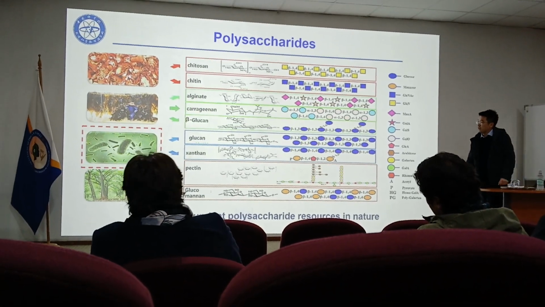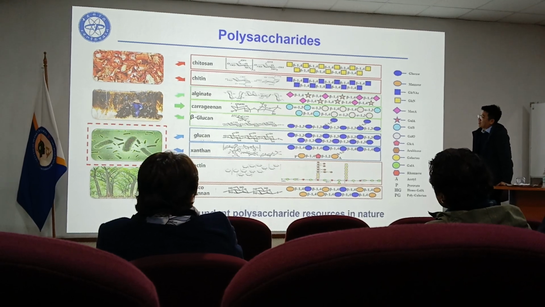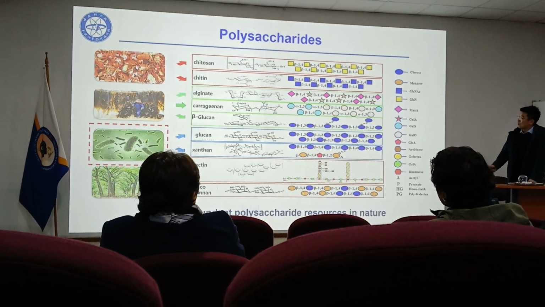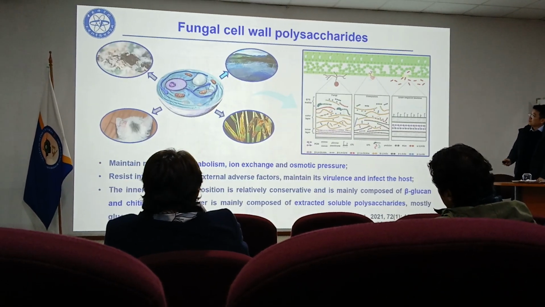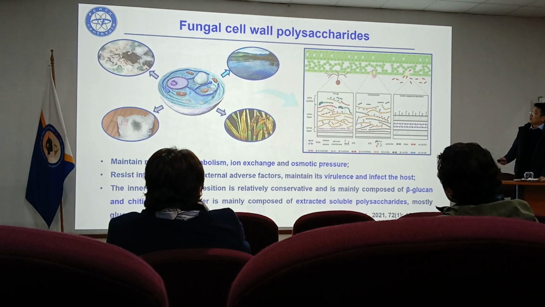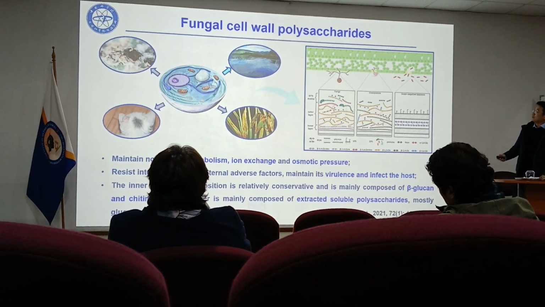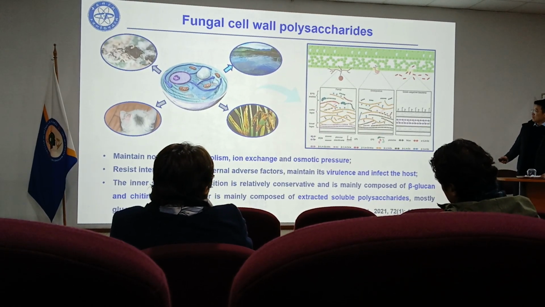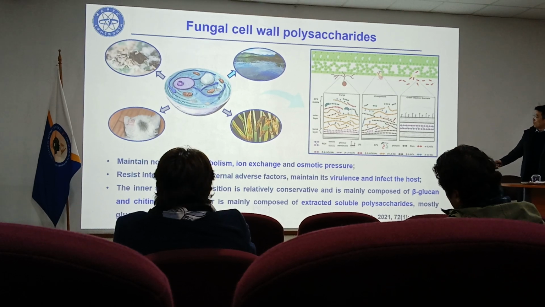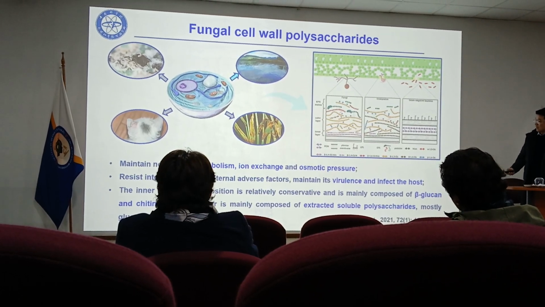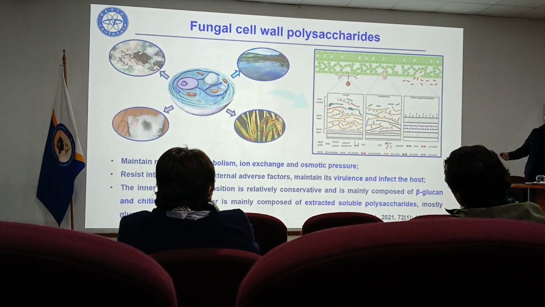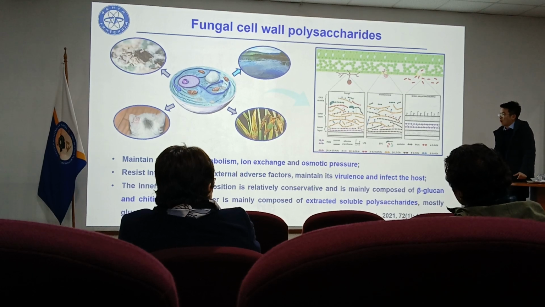The third part is about microbial polysaccharides. Take the fungal cell wall polysaccharide as the example. The fungal cell wall is quite complex, and it's very important for the fungi to survive.